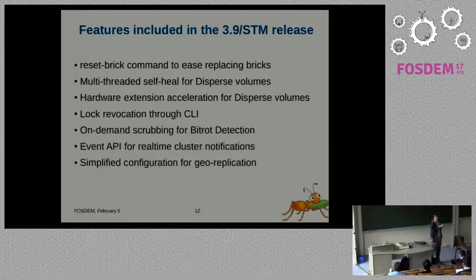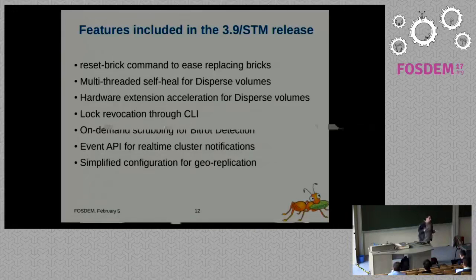Sometimes clients take a lock on a file, and the client has an issue. The lock needs to be revoked, and we have a CLI command for that, CLI being the command line interface. Facebook uses Gluster a lot, and they don't really care about the crashes they have on client-side systems.